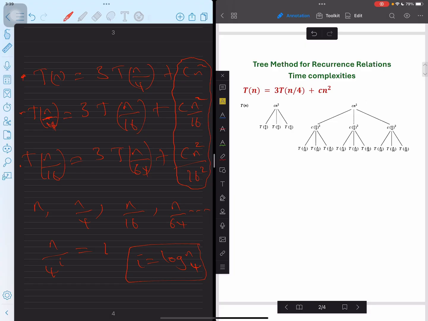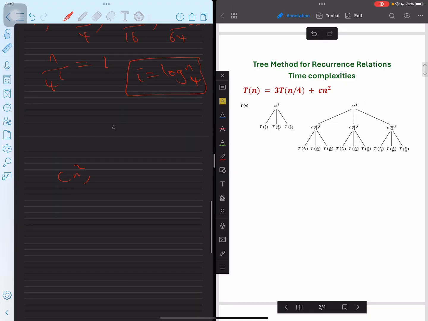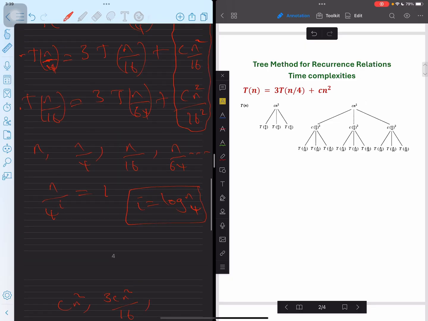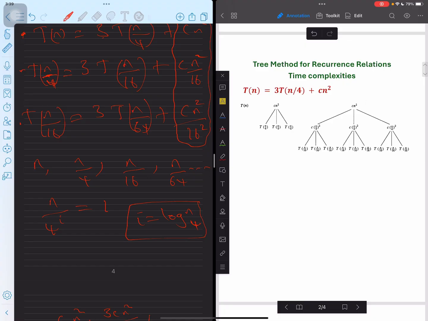So if I have 3 T(n/4), what I will get is 3 times Cn squared over 16. So that's going to be the next work done. Then the next work done is going to be this. So remember that this Cn squared divided by 4 is produced by 1, right?